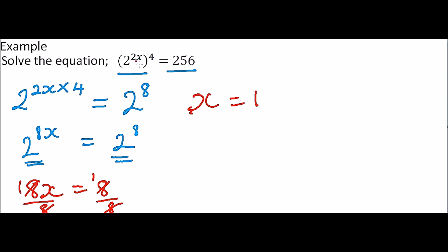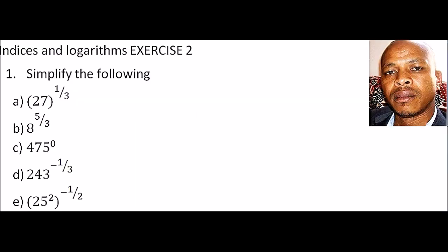If you substitute, 2 times 1 is 2, 2 times 4 is 8, which gives 2 to the power 8, equal to 256. That is the answer, the value of x.